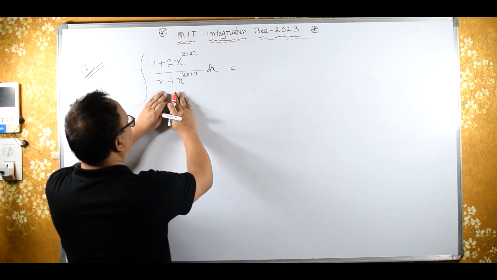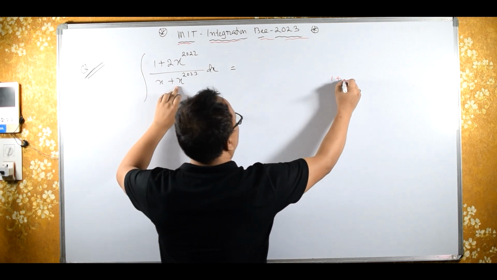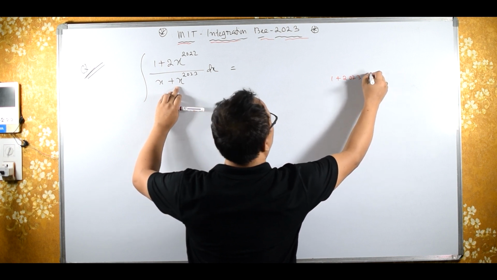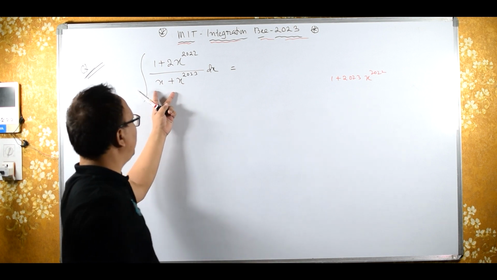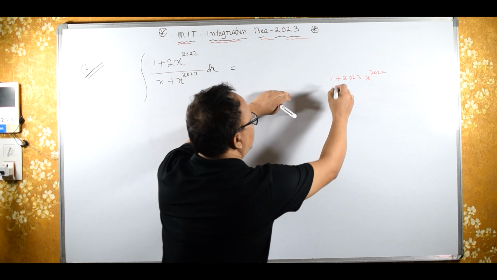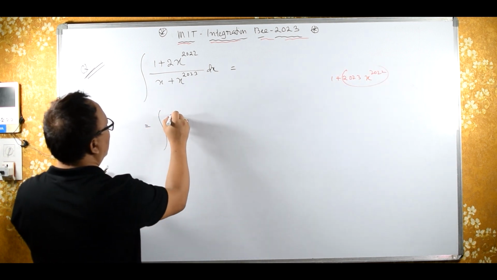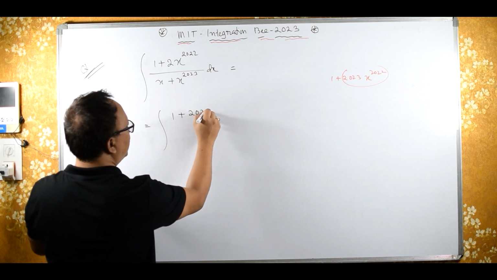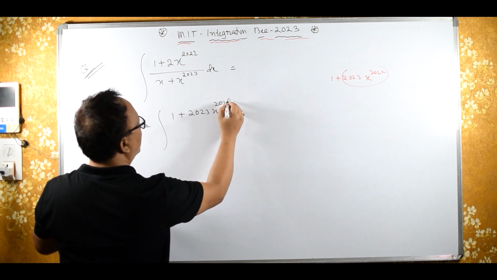Now differentiation of denominator will be what? 1 plus 2023 into x raised to 2022. Now since 1 is there, let's adjust this term. Now this is equals to 1 plus 2023 x raised to 2022.